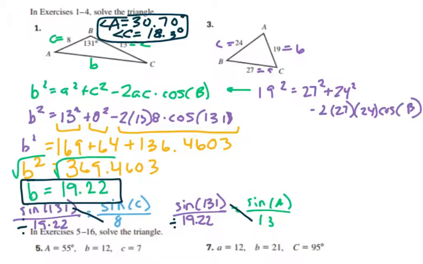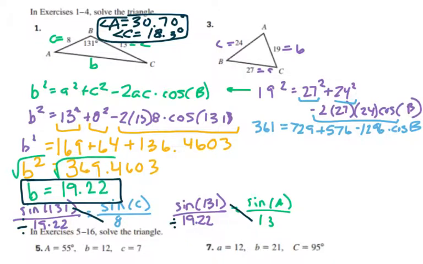Alright, so we have 19 squared, so that's 361, and that's going to equal our, kind of breaking this up into pieces, 27 squared, which is 729, plus 24 squared, which is 576, minus 2 times 27 times 24, so minus 1,296 times cosine of b.